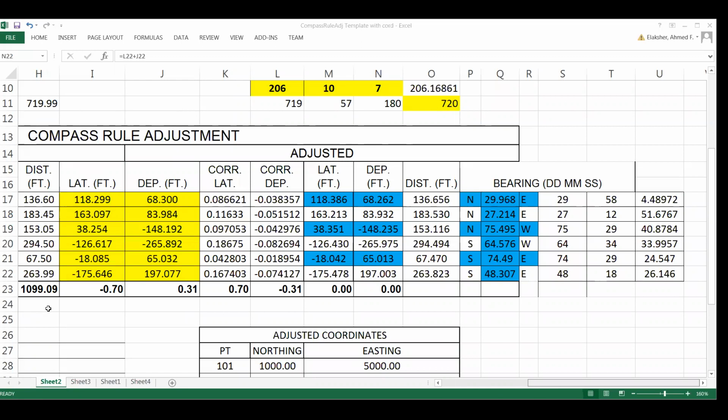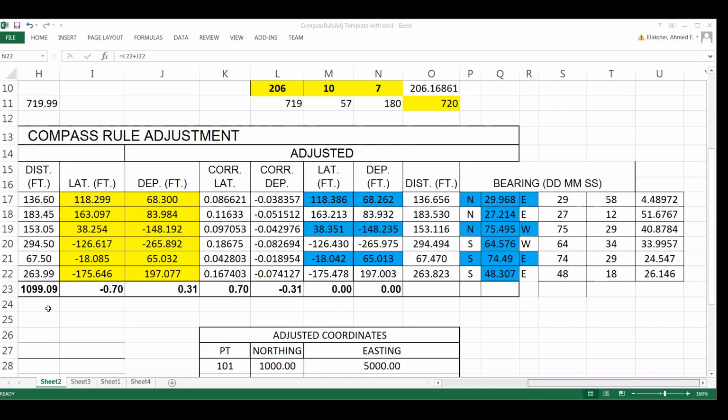Our next step is what are the coordinates of B? And that should be simple, just by adding the latitudes and departures here. So you can say northing of B equals northing of A, and I'm going to put the subscripts here, plus, since this is northing, the latitude of AB.